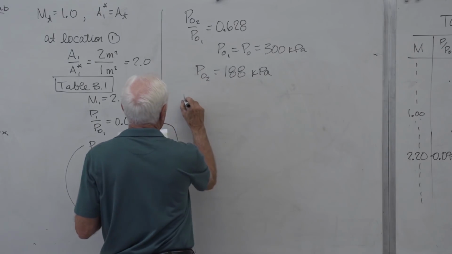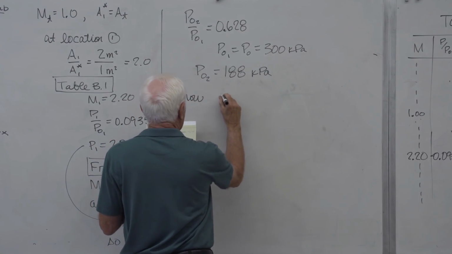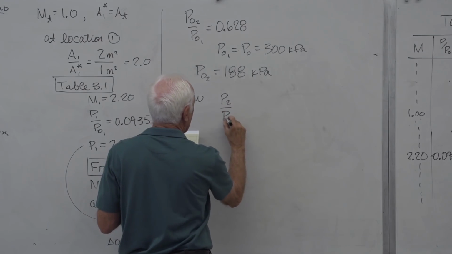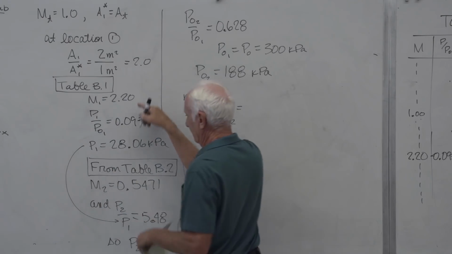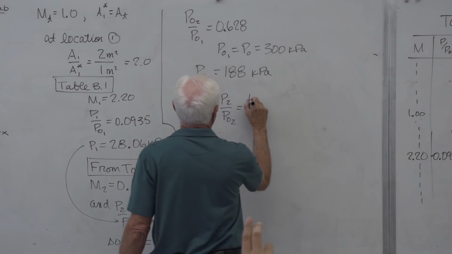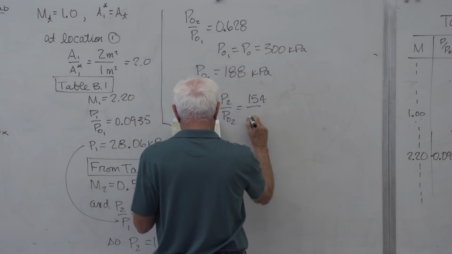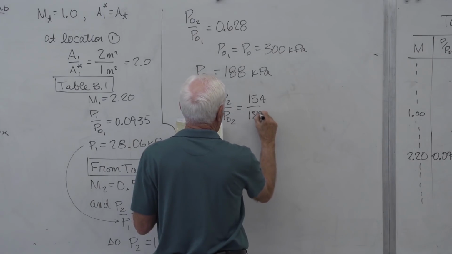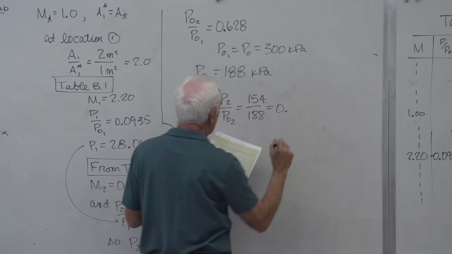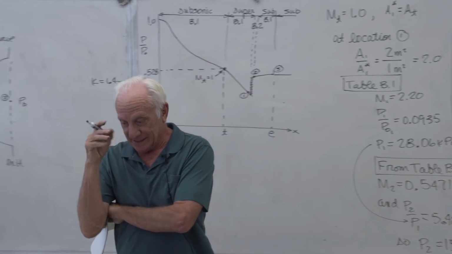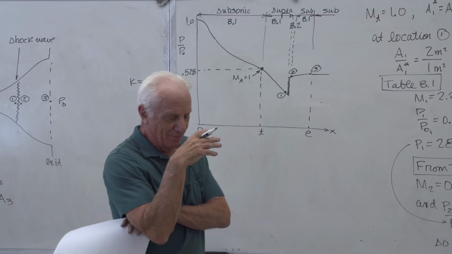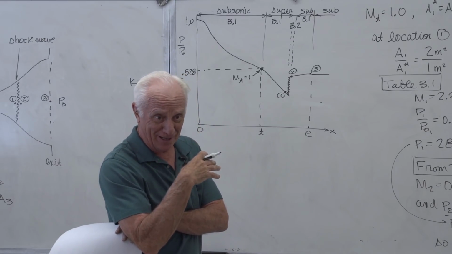Okay, now, next. P2 over P naught 2. I know P2, it's right over here, 154 over 188. What does P naught 2 represent? When you go across the shock, it takes energy. The stagnation pressure is a measure of how much energy the fluid has.